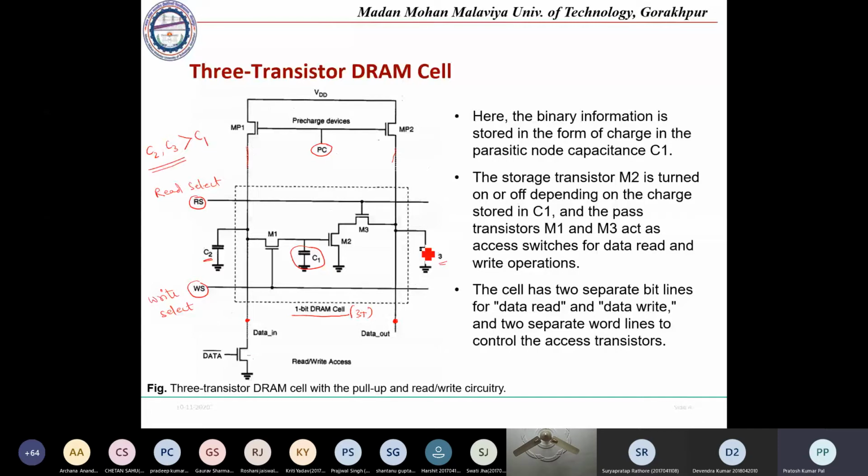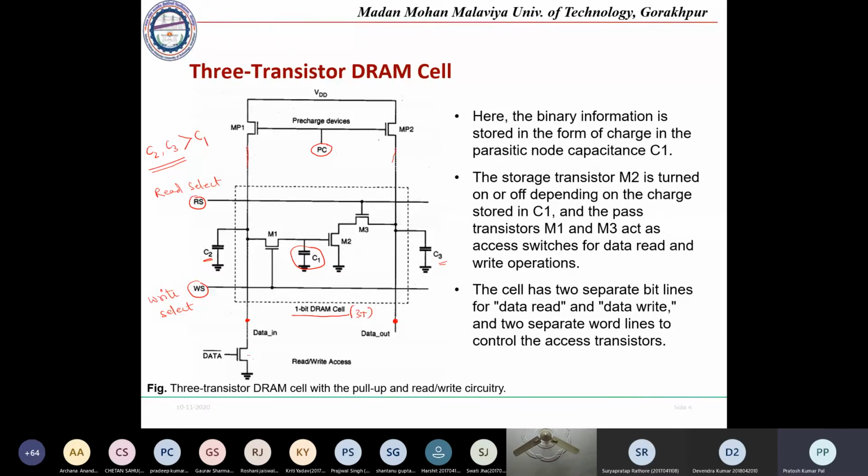The charging of C2 and C3 should take a larger time, because based on these two values the sense amplifiers are used to sense the data at these two lines, and according to that the decision is made whether 0 is stored or 1 is stored.